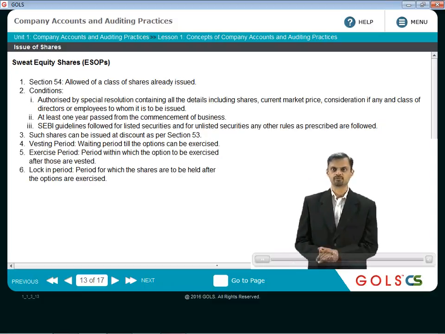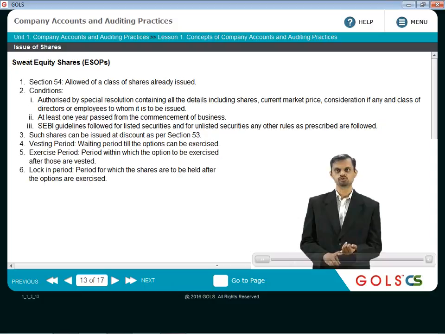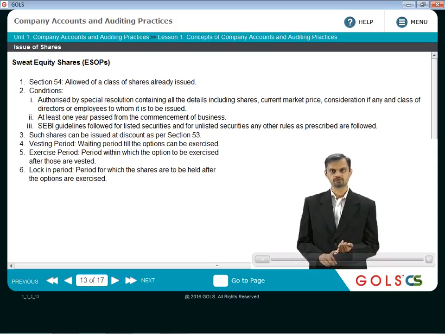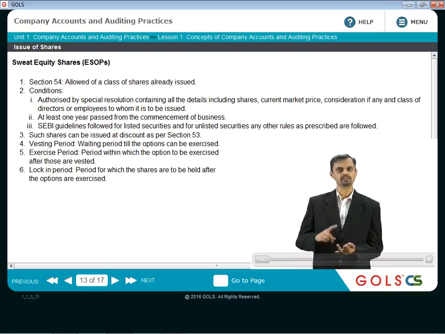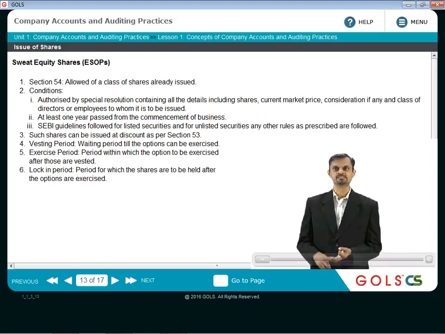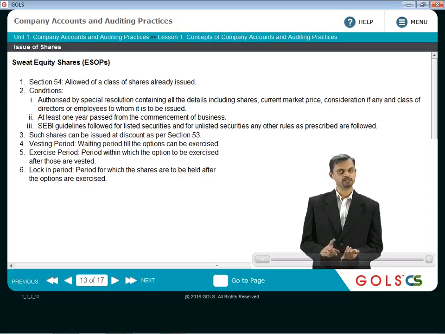So conditions for sweat equity: it must be authorized by special resolution containing all the details of the scheme, including the number of shares, current market price, consideration if any, and the class of directors or employees to whom this issue is going to happen, the eligibility basically. At least 1 year must have passed from the commencement of the business, and only then can sweat equity shares be issued.